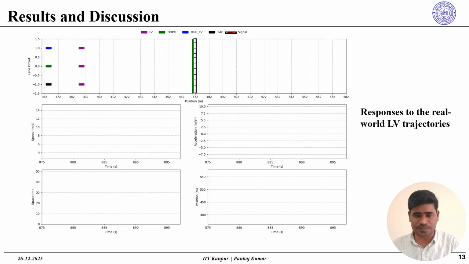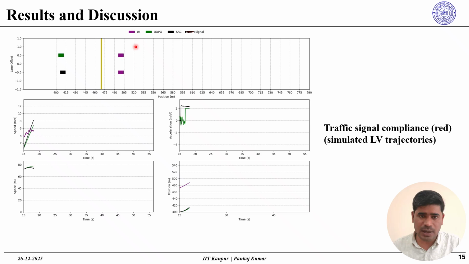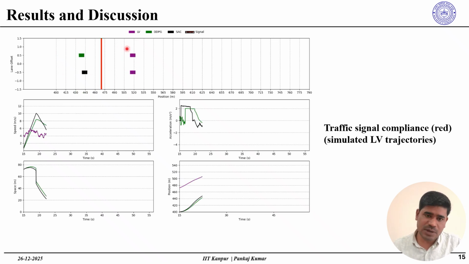Now we move to the third test scenario, which is related to traffic signals. Here, this is the leader vehicle and this is the follower RL vehicle. We have placed the leader vehicle beyond the signal and the RL vehicle before the signal.